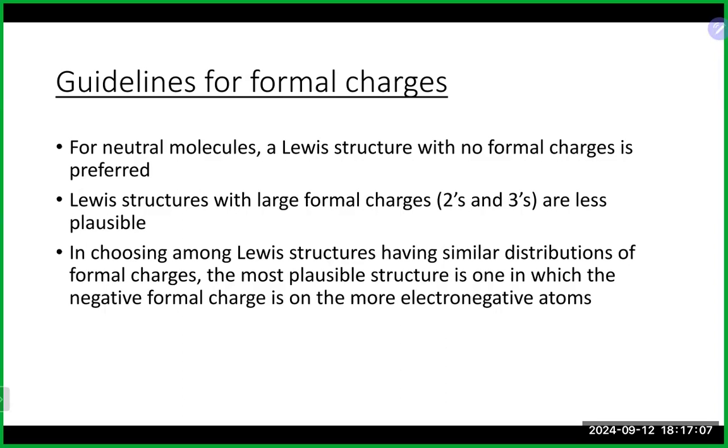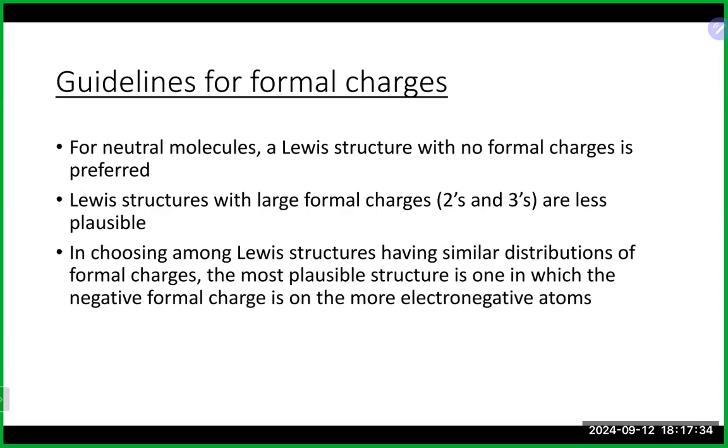So for neutral molecules, a Lewis structure where there's no formal charge is preferred. Essentially, if you draw 2 Lewis structures and they're good in terms of distributing electrons, everybody's got 8, everybody that needs 2 has 2, the better structure is usually the one where you could get everybody down to as many zeros as possible in terms of their formal charge.